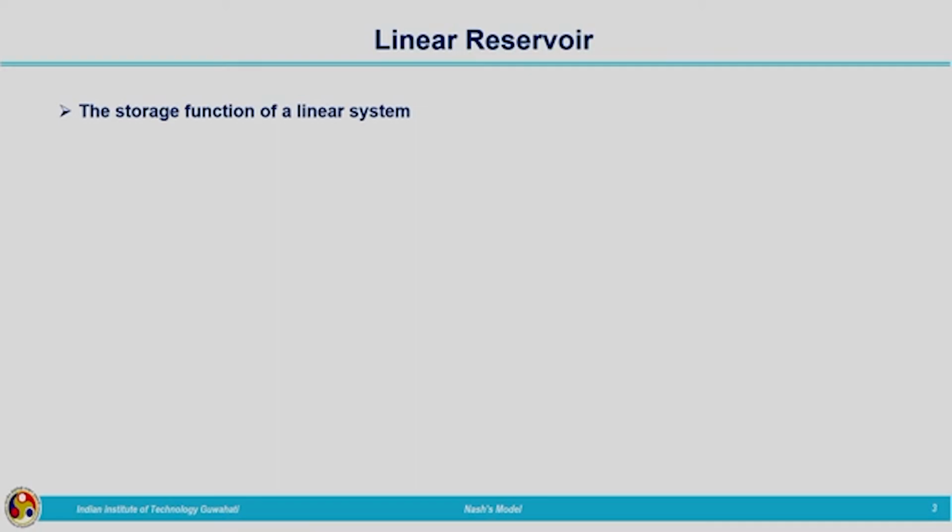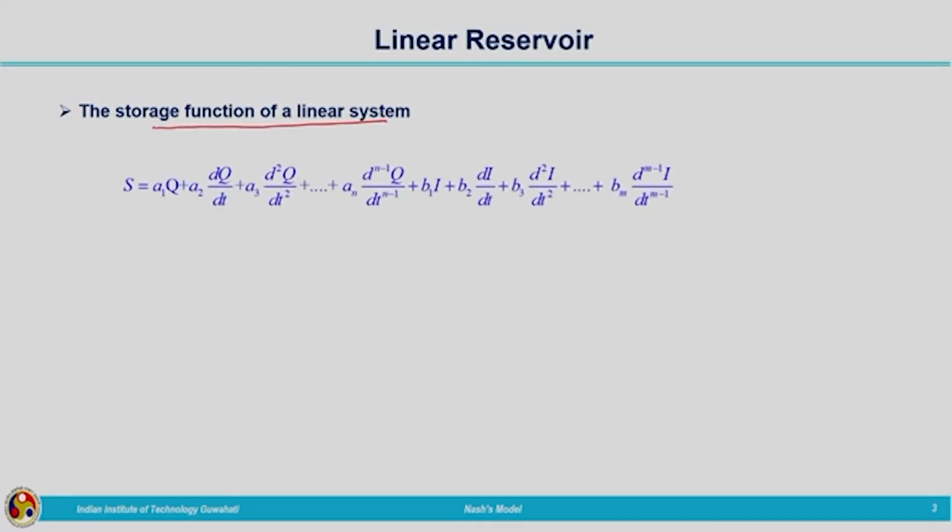We have discussed in detail about the Chow and Kulandaiswamy model. In that we have seen the storage function of a linear system can be expressed as a function of outflow, inflow and derivatives of outflows and inflows. That is, S is the storage.